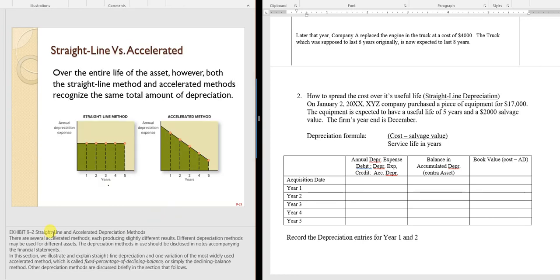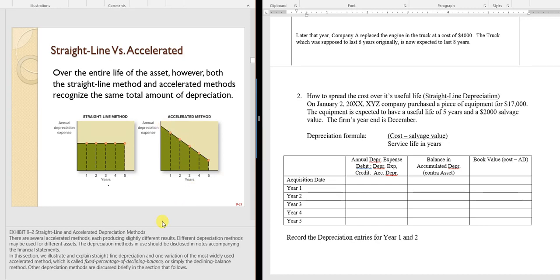There's another method of accelerated depreciation. So straight line is we just spread it out over its useful life. A lot of companies use accelerated depreciation, which we're going to call double declining balance or declining balance, where they simply take mathematically more depreciation in the early years, because the idea is I use up more of its value in the early years, and in the later years I'm going to be spending more on repair expense.